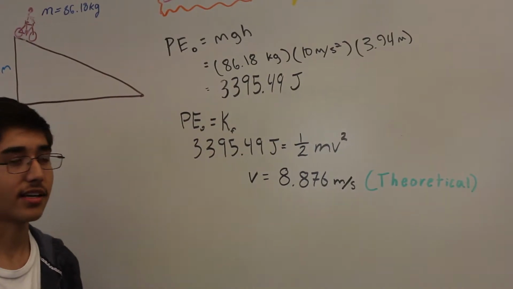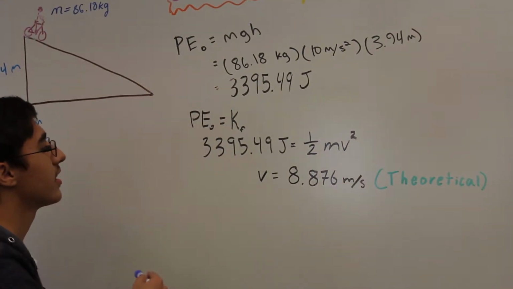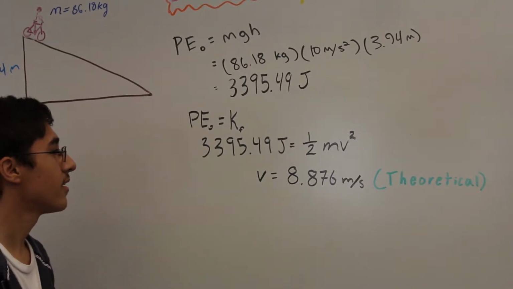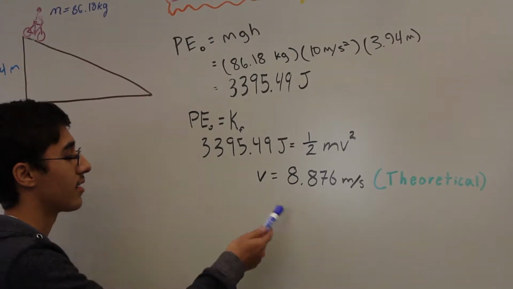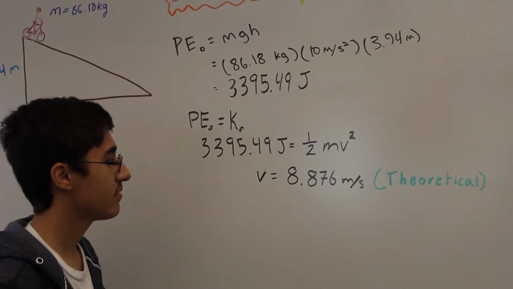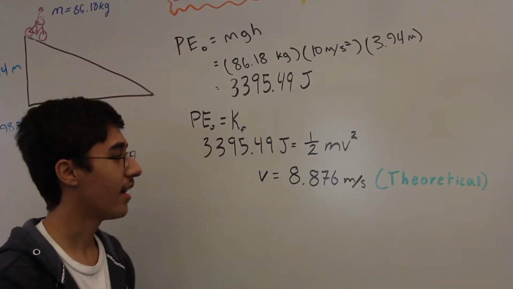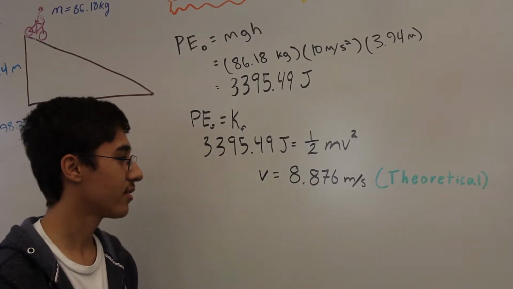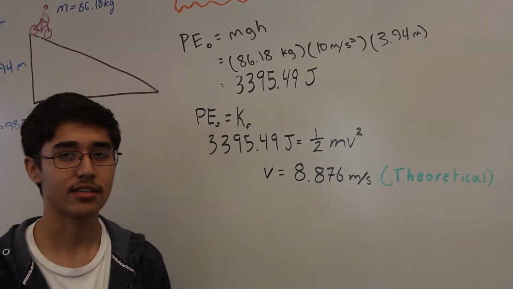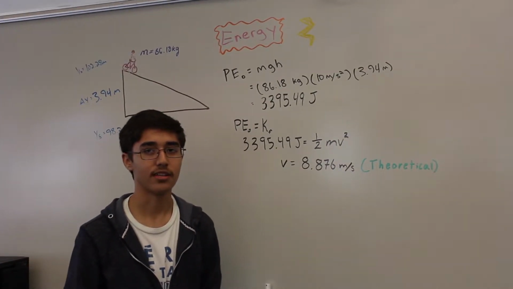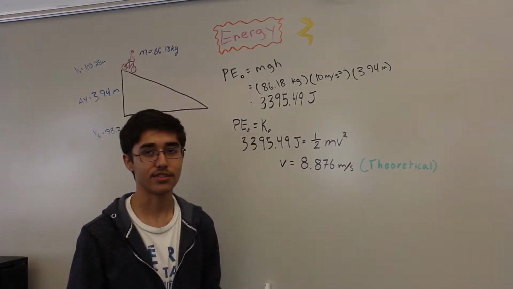We did this by saying that potential energy should be equal to the final kinetic energy, and we got a total of about 8.876 meters per second. And that's a theoretical estimate because we didn't take into account the friction, and we're going to look at what it is going to be if there is friction.